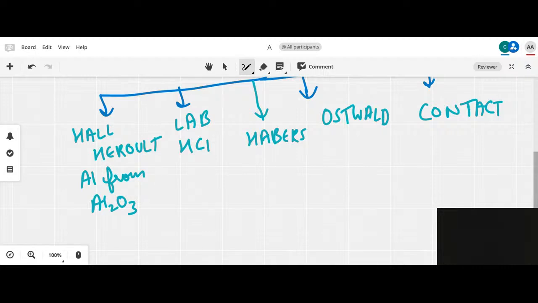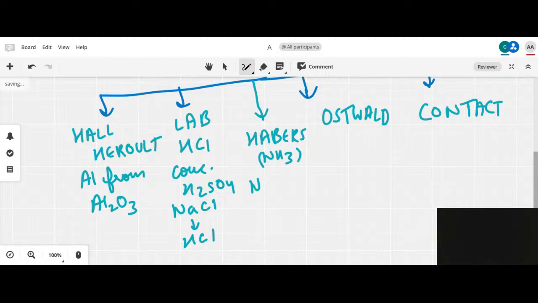Concentrated H2SO4 on NaCl gives us HCl. Perfect. Haber's process makes ammonia. How? N2 plus 3H2 gives 2NH3. Correct?